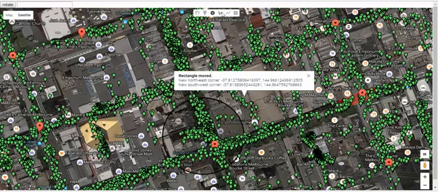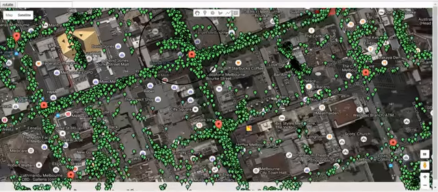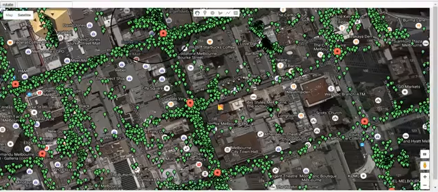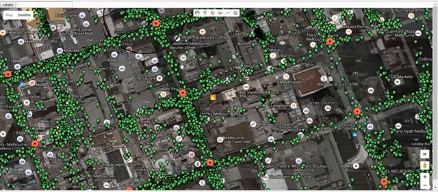Or what you can do is select one or more than one street or road. For example, right now I'm going to select this street which is near, I think, Brook Street.